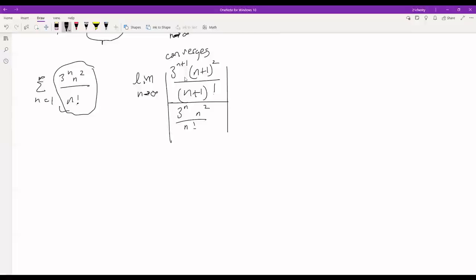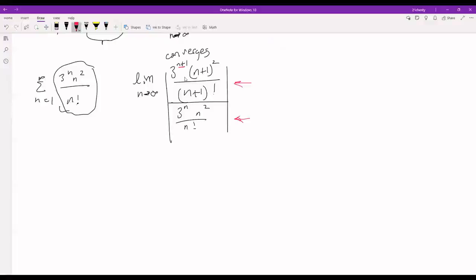So basically, since we're taking the limit as n approaches infinity, if this is greater than 1, then the top is greater than the bottom, which means each subsequent term, because this is n plus 1, is actually getting bigger, and therefore the series will not converge.